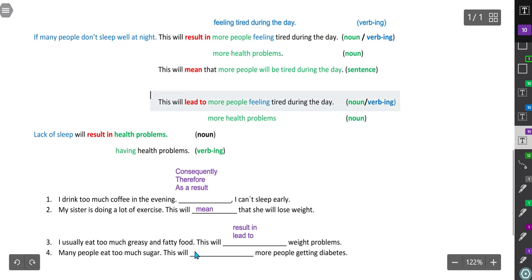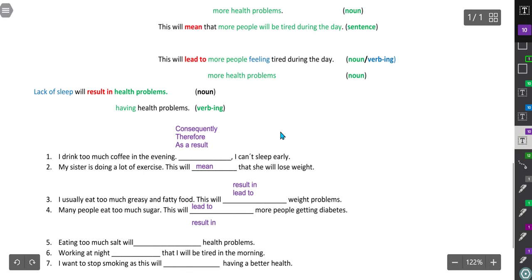So in this case, we have two alternatives. So the correct answer will be this will lead to more people getting diabetes, or this will result in more people getting diabetes.